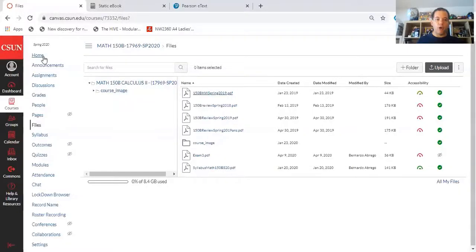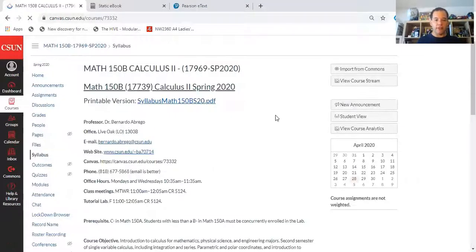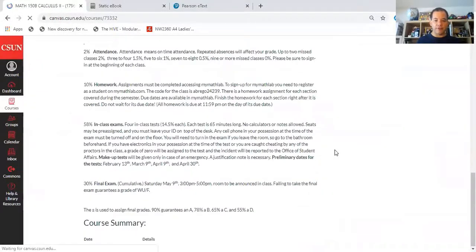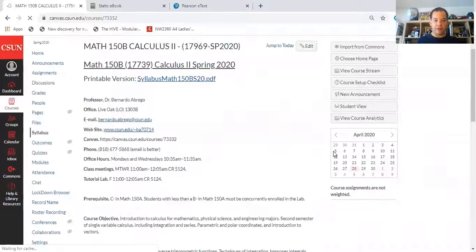You can also take a look at our page. Let me share it with you. If you go to our page, and home, when you have your calendar, in your calendar I marked the sections we covered on every particular date.